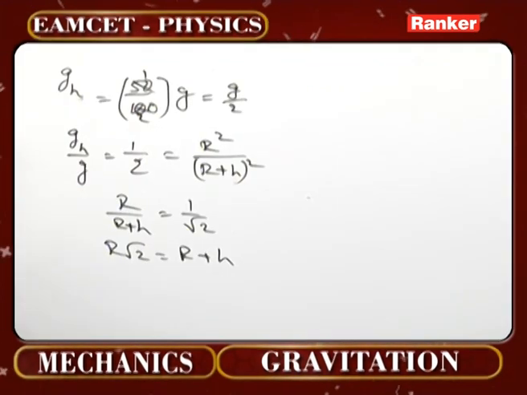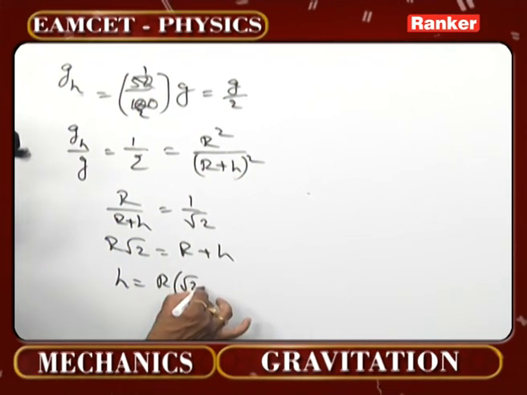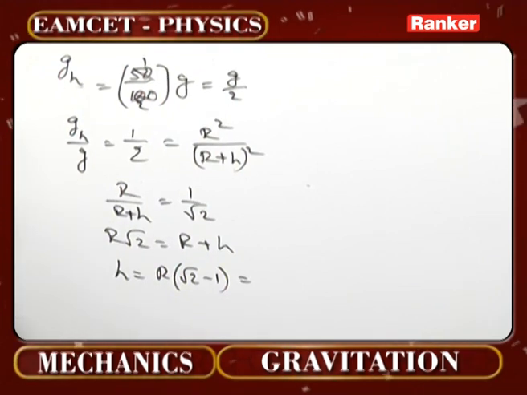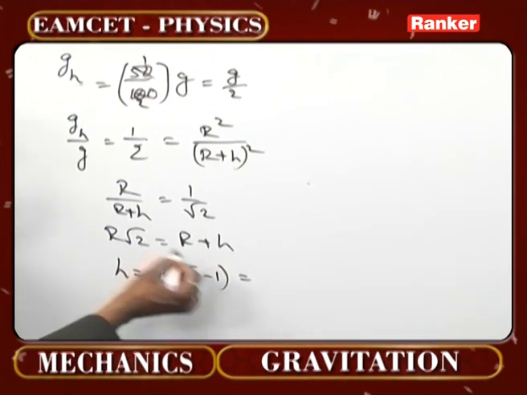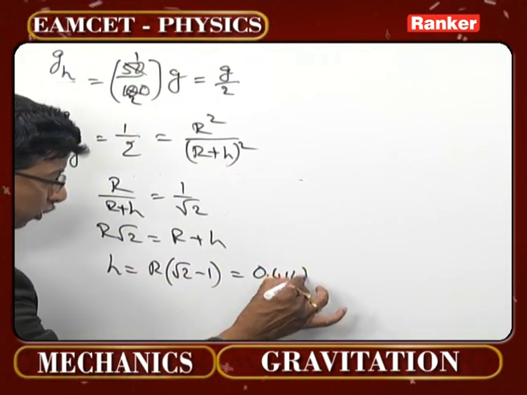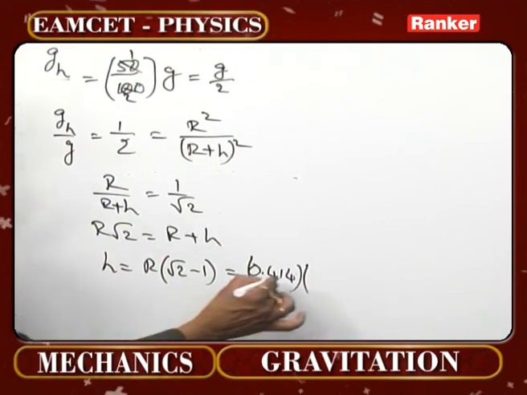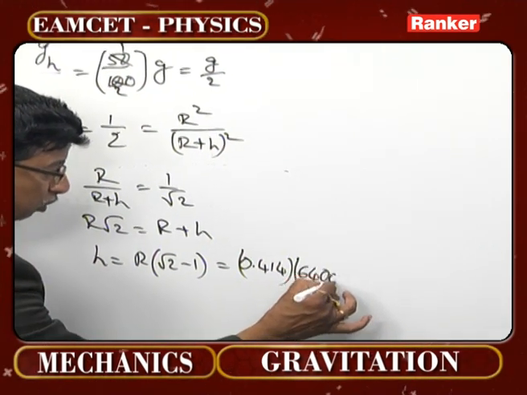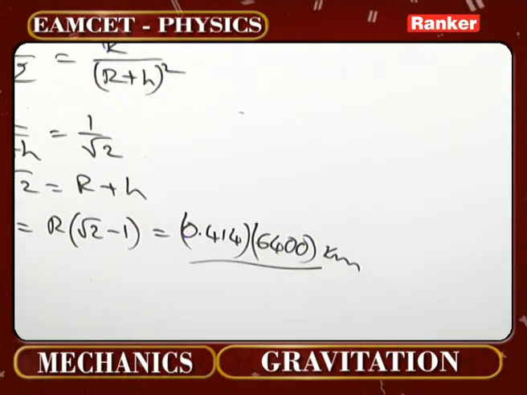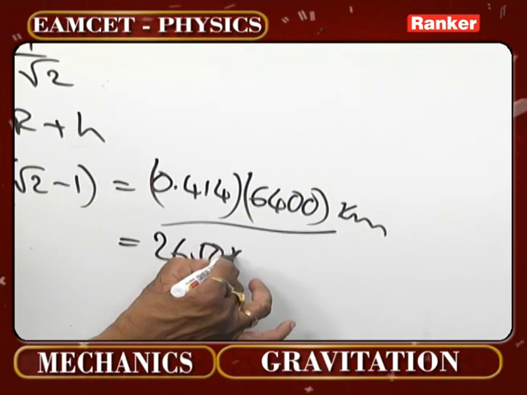If you want the h value, it is R into (root 2 minus 1). Root 2 being 1.414, we all know that. So 1.414 minus 1 is 0.414, into the radius of earth given here as 6400 kilometer. If you simplify this, the value of height becomes around 2650 kilometer.